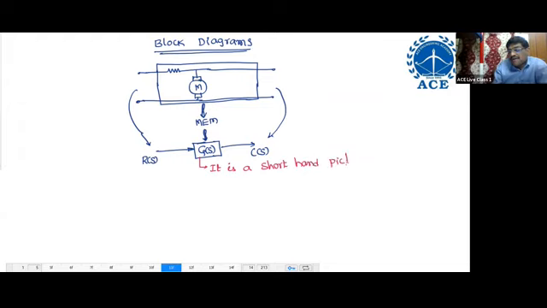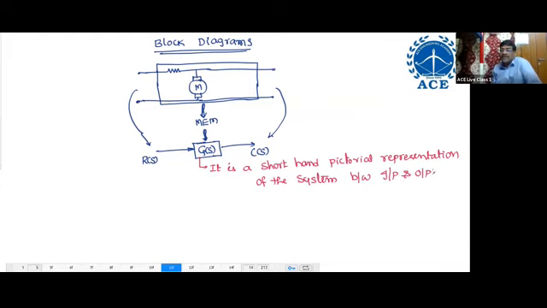It is a short and pictorial representation of the system between input and output. So the block diagram definition is simply: it is a short and pictorial representation of the system between input and output.